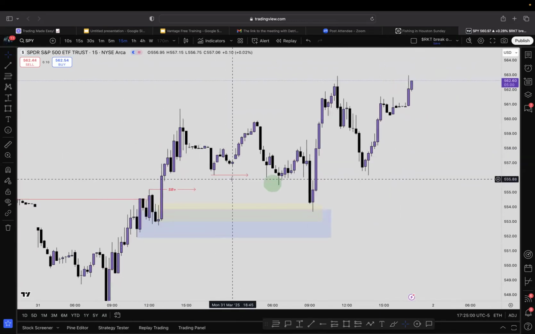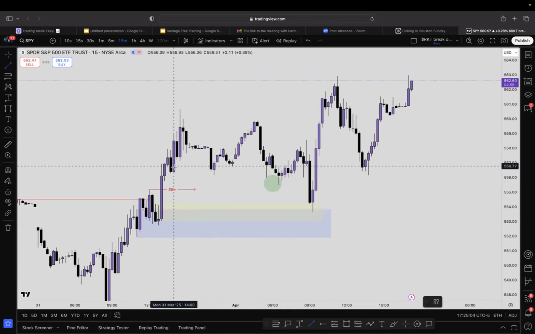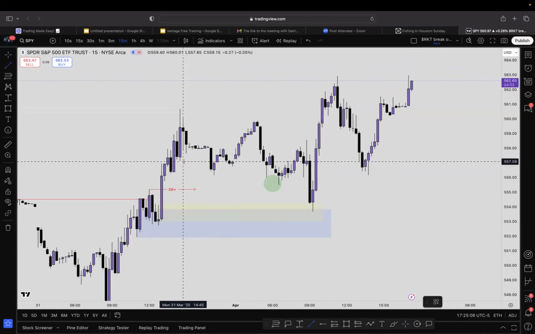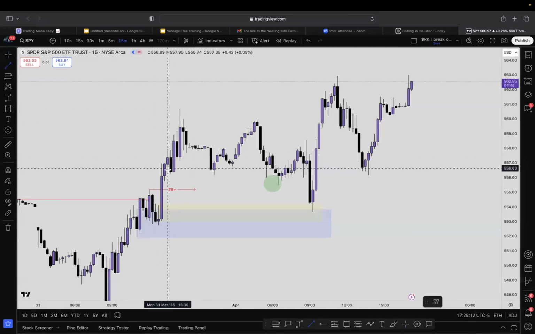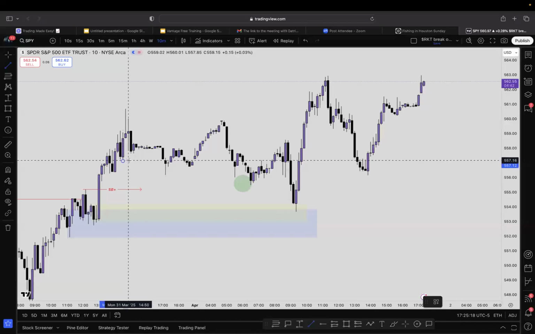All right, so if we wanted to get even more intricate, let's break this whole thing down. We see this is our highest point, and we can see it came from, let's go down to a little lower time frame just to see a clean move. All right, so we can see it came from this low.